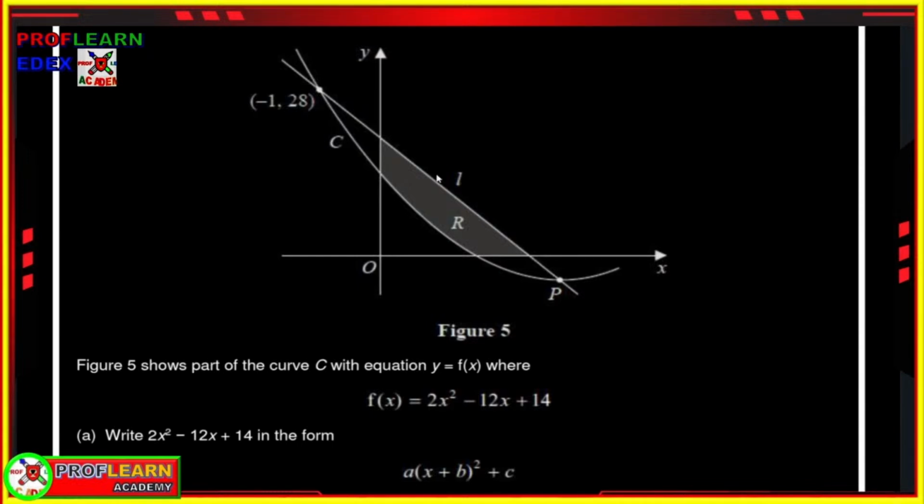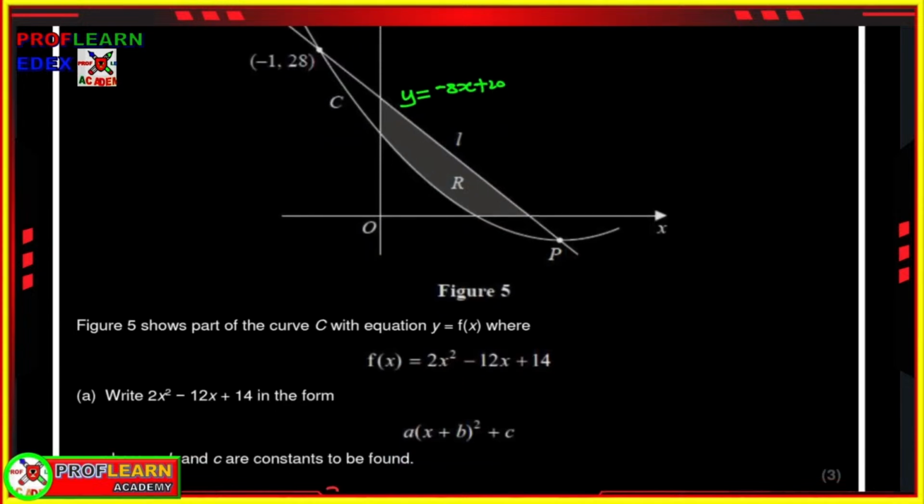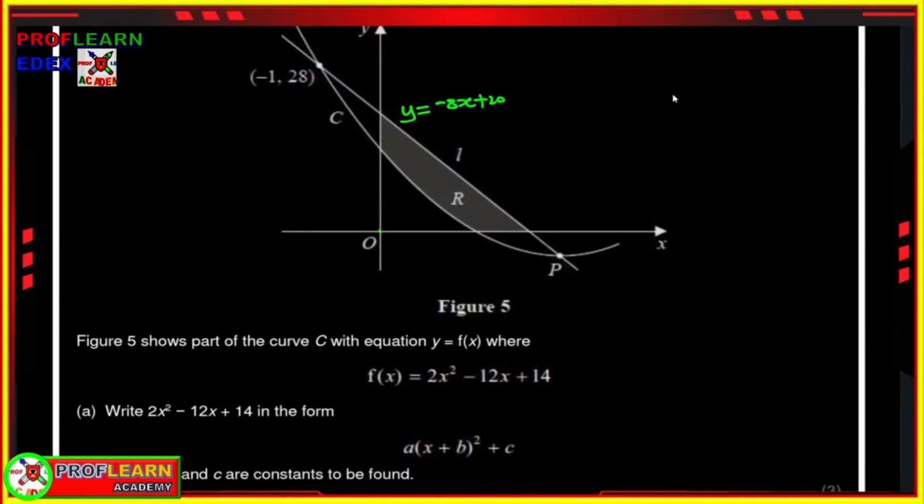So the equation here that we are having is y equals minus 8x plus 20. So the inequality defining the region here will be y is less than negative 8x plus 20. And for this other curve, we are going to say that y is greater than or equal to 2x squared minus 12x plus 14, right?